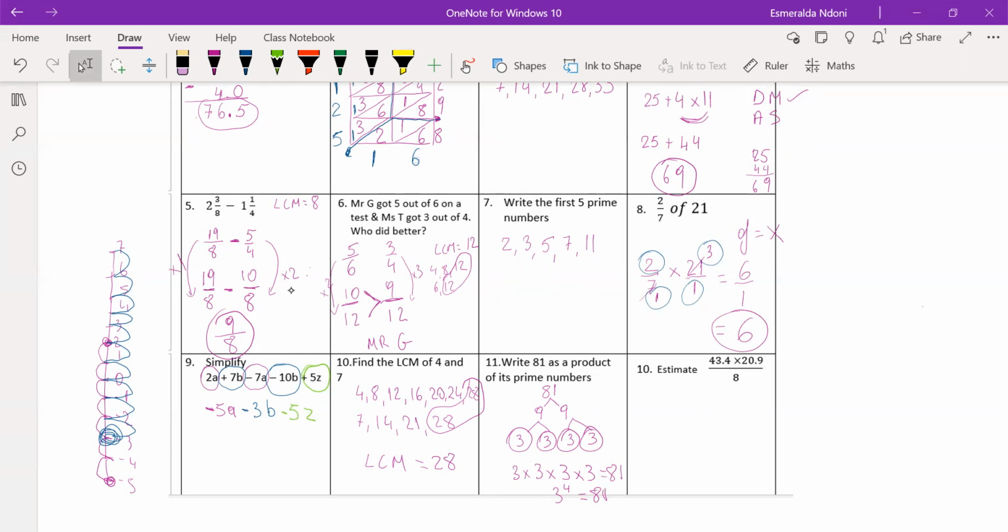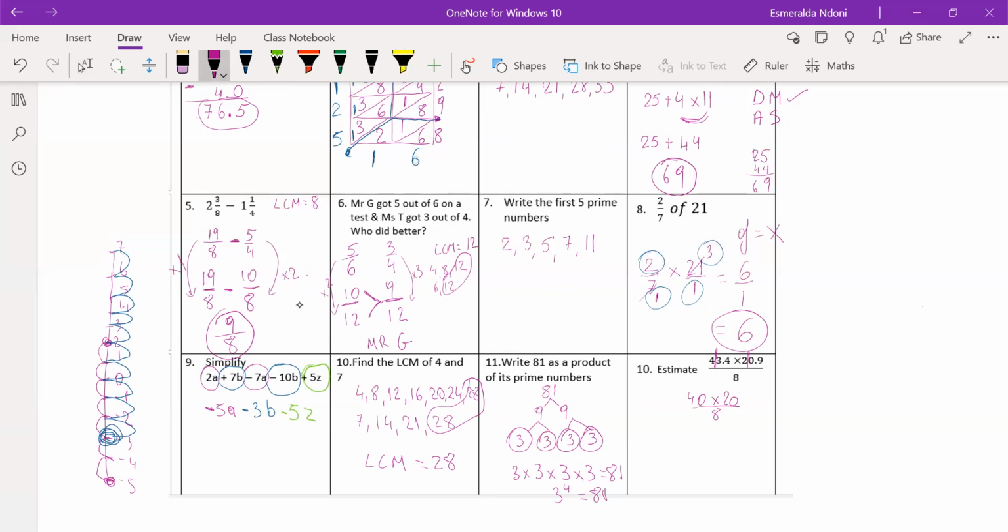Question number 10. Please listen to this because on your test, lots of you missed it. All we're doing is rounding and then we're calculating. So to round to 1 SF, 43 is closer to 40, times 20.9 is closer to 20, over 8.